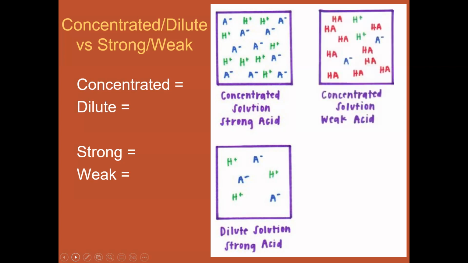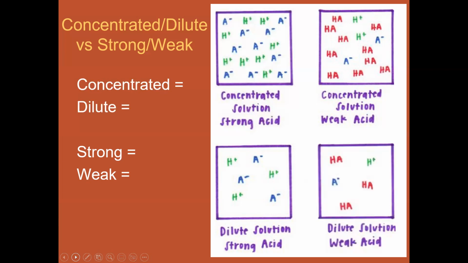We can also look at this in terms of the weak acid. So here in the top right is a concentrated solution. There are a lot of particles in that given space, but notice the red HAs. Those are our parent acids. It's a hydrogen with some anion. There are a lot of the parent acid and not a lot of ions.